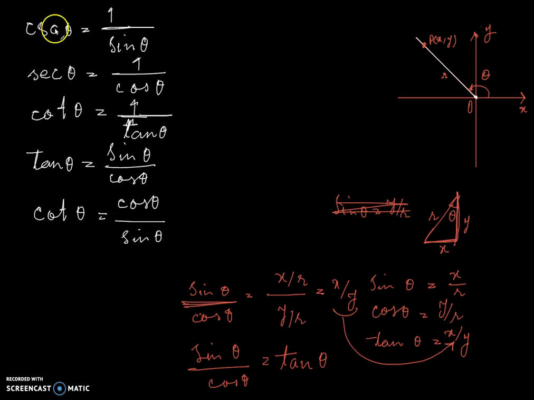And basically, this also means that sine theta is equal to 1 by cosecant theta. And this also means that cos theta is equal to 1 by secant theta.